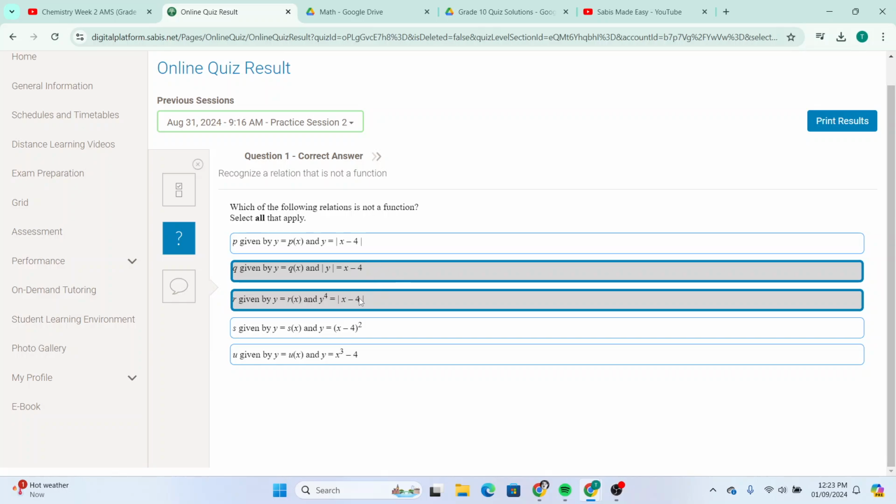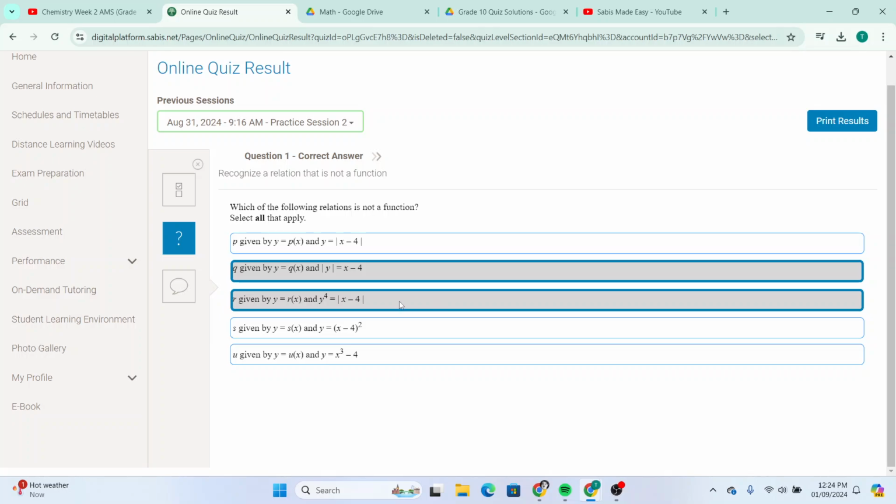Now, r given by y equals r of x, and y to the power of 4 is the absolute value of x minus 4. This is a relation, not a function. Well, all functions are relations, but the difference is that some give out two values, some don't. This isn't a function because this is an even exponent, and even exponents can have a positive answer or a negative answer.